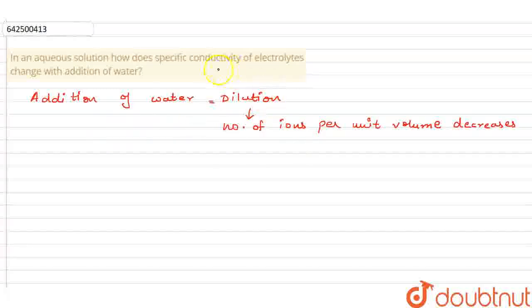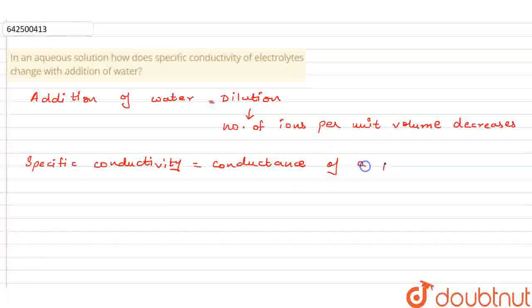Now, what does it have to do with specific conductivity? First of all, what is specific conductivity? Specific conductivity is termed as the conductance of a particular solution.